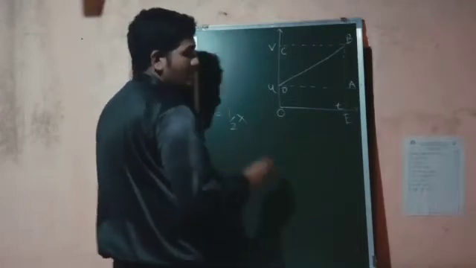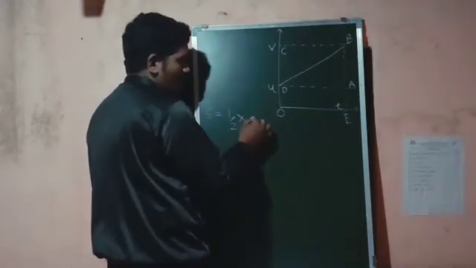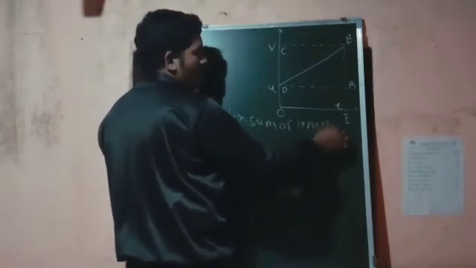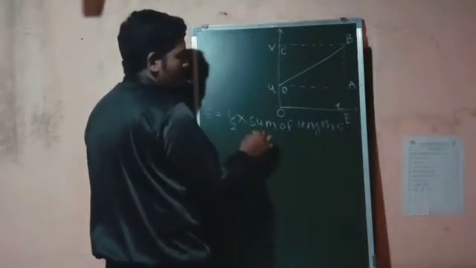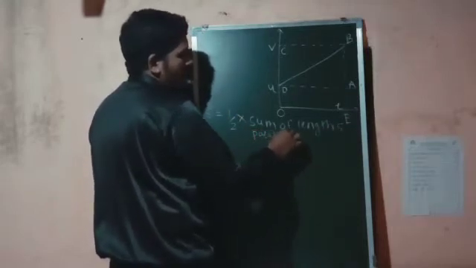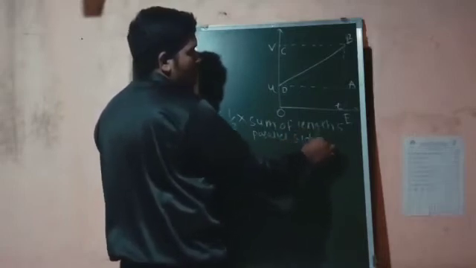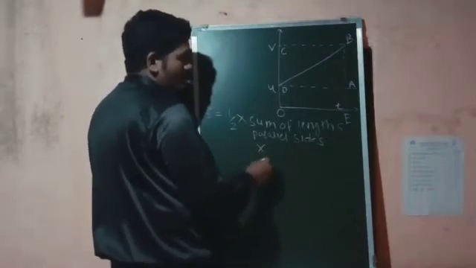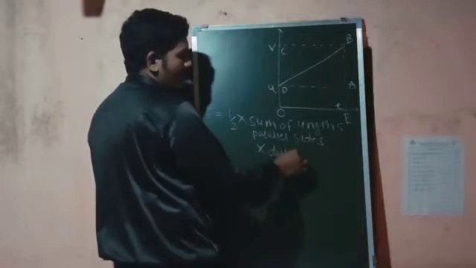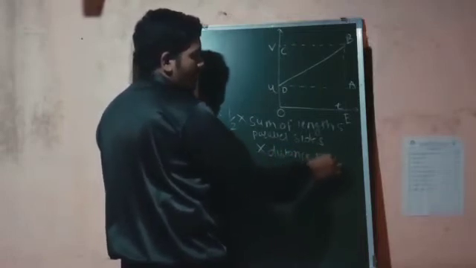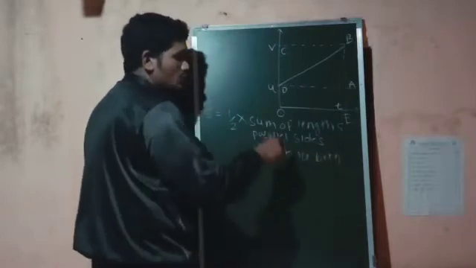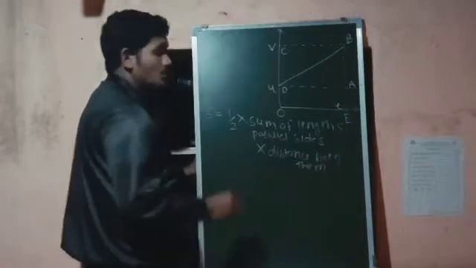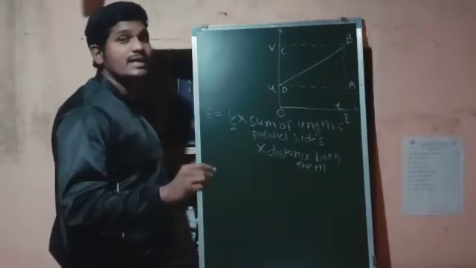I will write a complete sentence so you will get it: sum of lengths of parallel sides into the distance between those parallel sides. So this is the simple formula to find out the area of the trapezium.